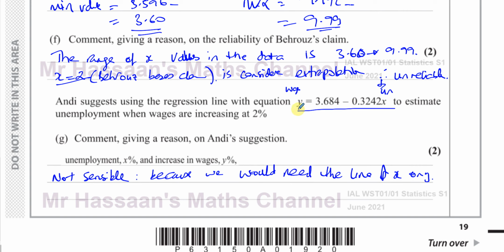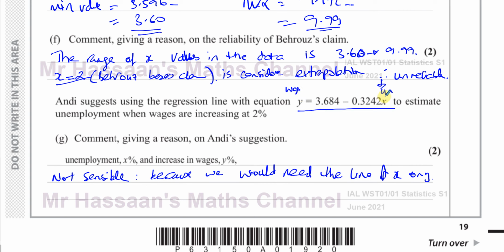We need X equals some function of Y to estimate the unemployment given the wages. So when we are trying to estimate the unemployment given the wages, we need the regression line of X on Y, not Y on X.